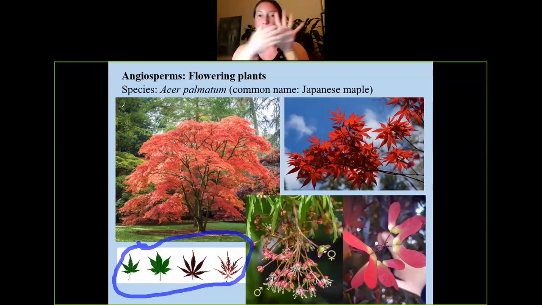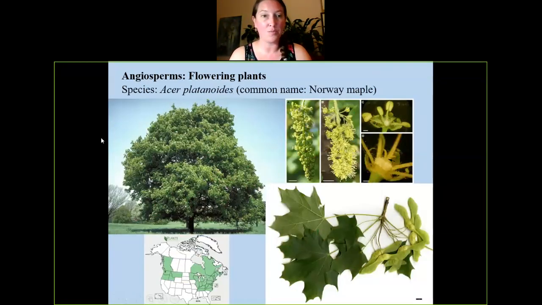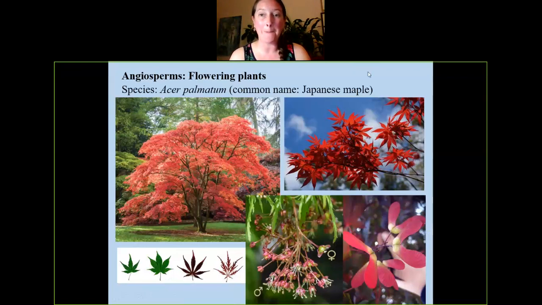Anyways, palm shape, right? Palmatum. So that's why we have the name Acer palmatum. You might notice, look, Norway maple, Acer, and then Japanese maple, Acer.